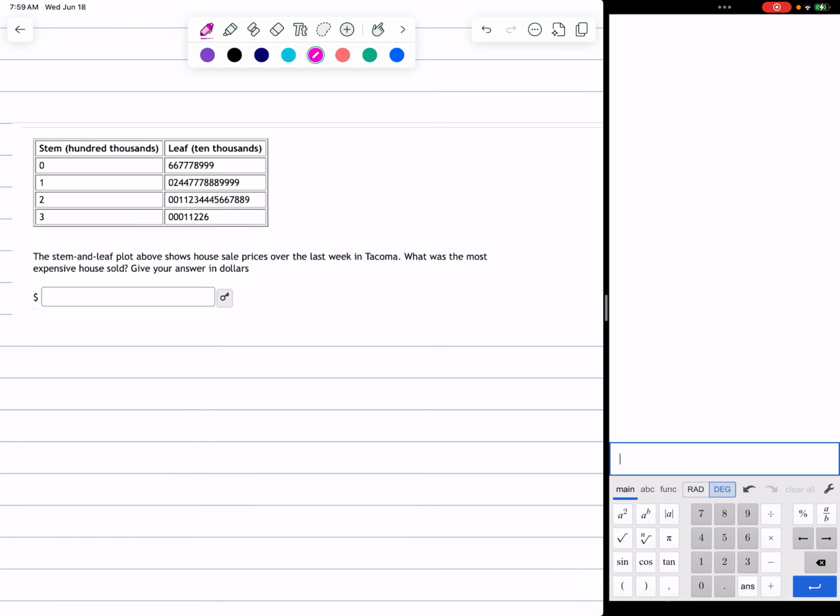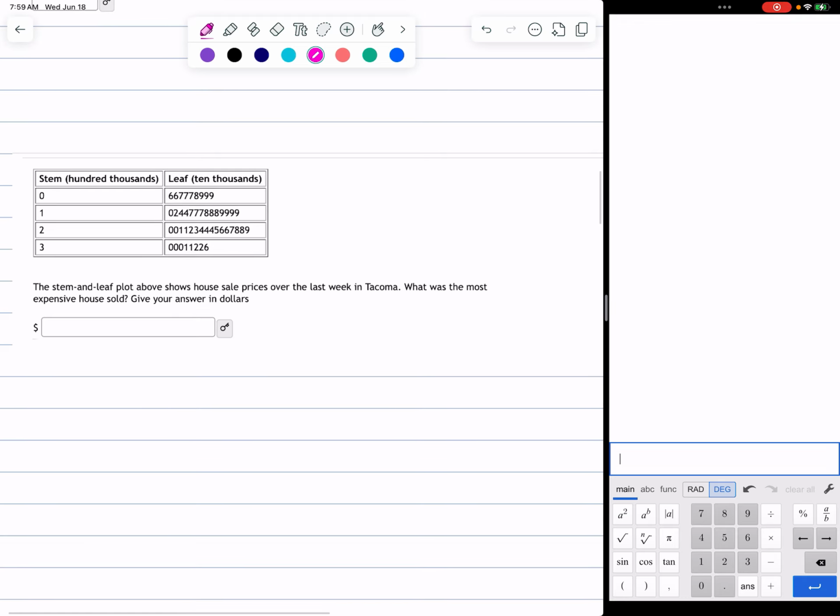For the stem and leaf plot, we're looking at house prices over the last week. What was the most expensive house sold? Most expensive means we're looking for the max value.